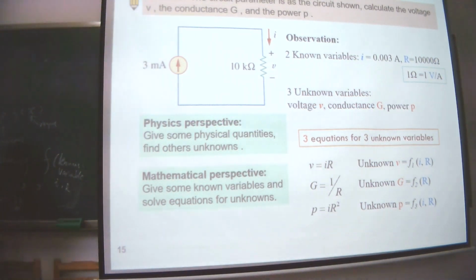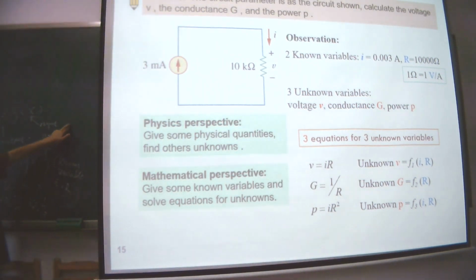So here, the unknown thing V equals what? I is known, R is known. R equals what? No, G. G equals 1 over G. Okay, all unknown things equal a function of known things, right? And also for P. P equals I square R, known, known, right?